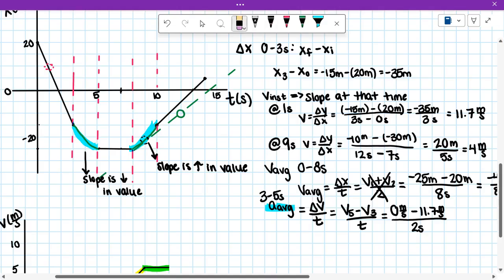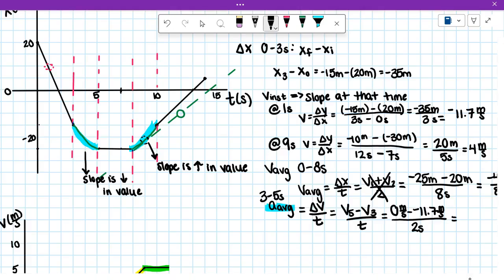Oh, wait, that was a negative 11. I got to go back here. This is supposed to be negative 11.7 meters per second. And this has to be minus a negative, okay. So 11.7 divided by 2 gives me an average acceleration of 5.85 meters per second squared.